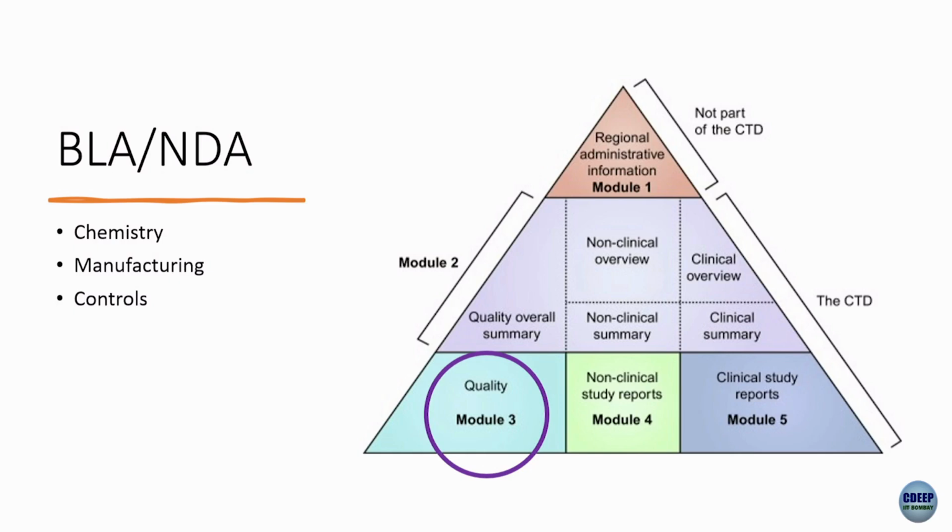And why is this categorized into modules 1, 2, 3, 4, and 5? Because even in the FDA, if you imagine, when you submit these 2 million pages of the BLA to the FDA, who is reviewing these? There is a group of people who are specialized in reviewing the manufacturing.